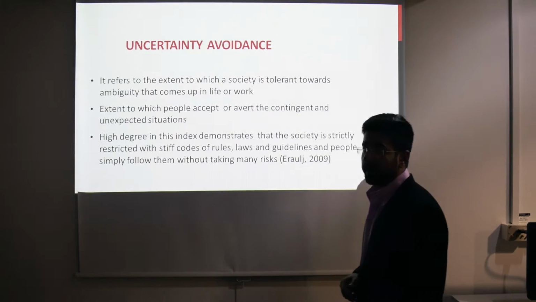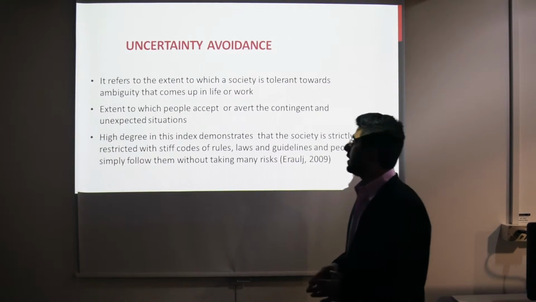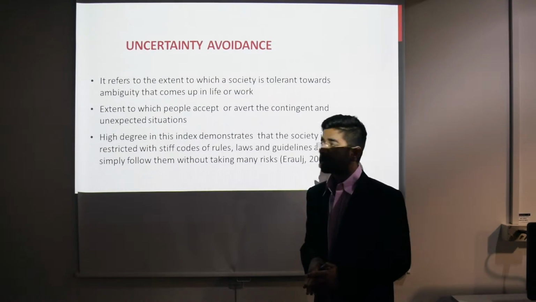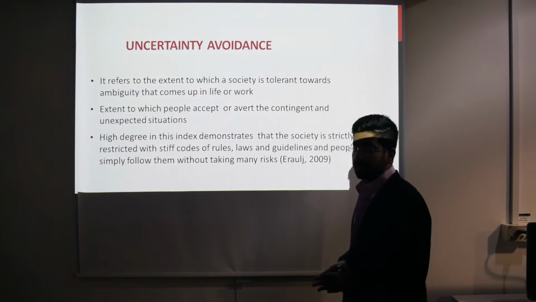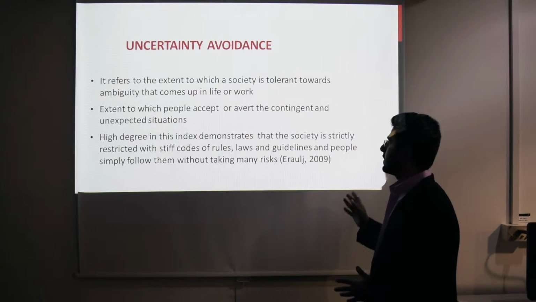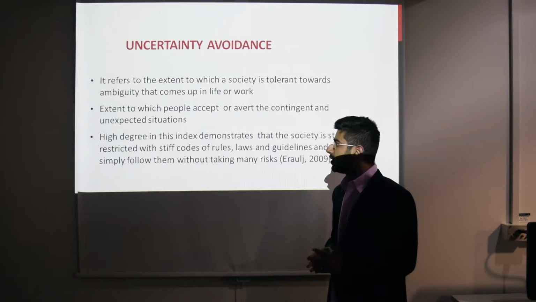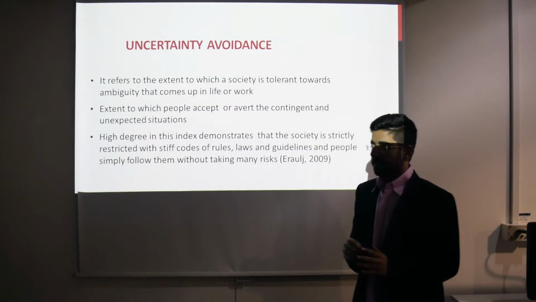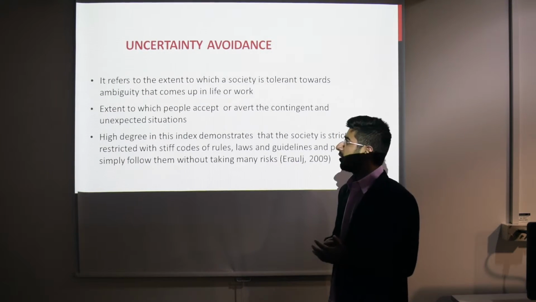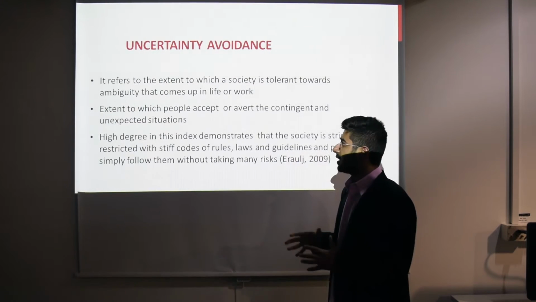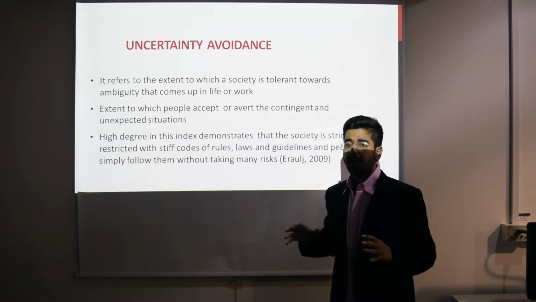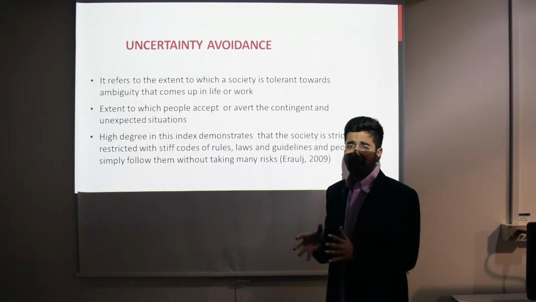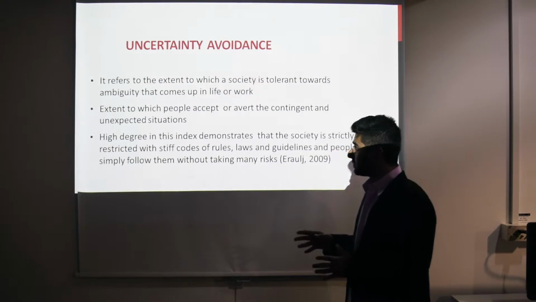Now we'll be talking about uncertainty avoidance. Uncertainty avoidance refers to the extent to which a society is tolerant towards ambiguity that comes up in life or work, which means that we need to take care of various risks which we come across while we are working or while we are in the society.